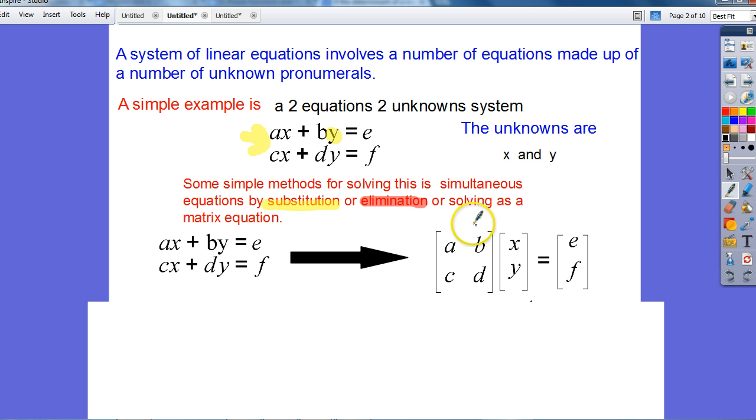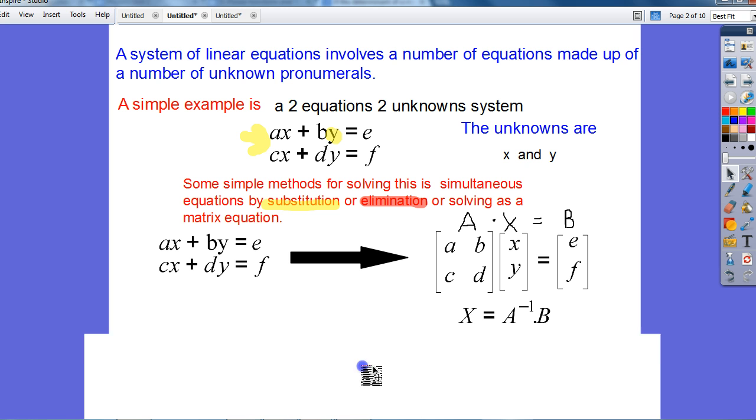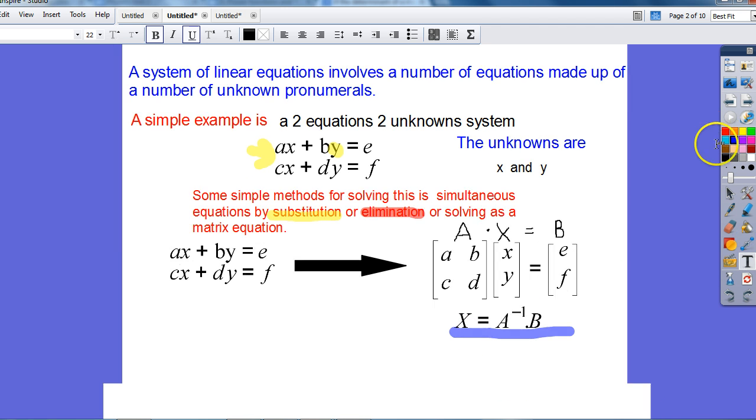The coefficient matrix is generally written with an A. Then we've got an unknown matrix, represented with a capital X. And at the end we have a column matrix, usually represented with a B. We're interested in a solution to this matrix equation, and generally the solution is of this form, where it utilizes something called the inverse matrix.